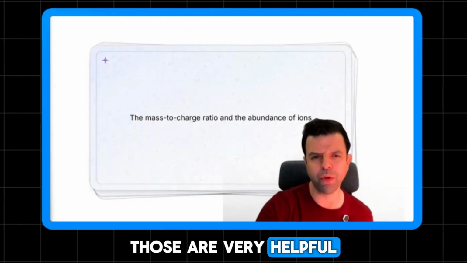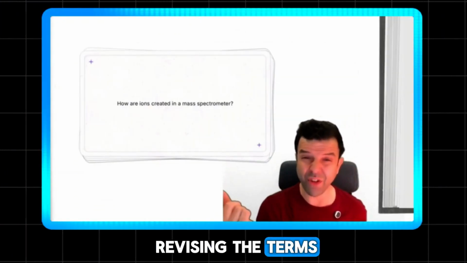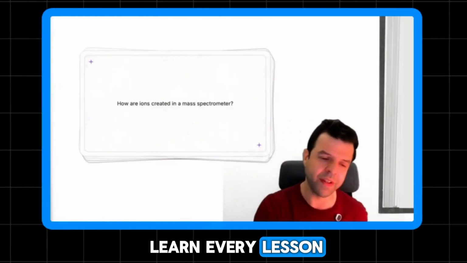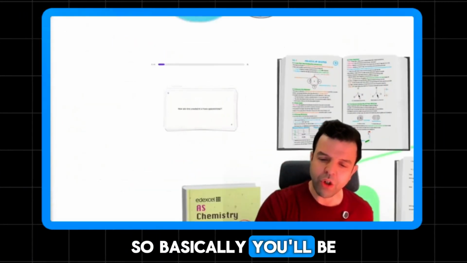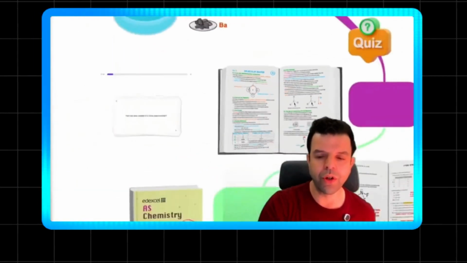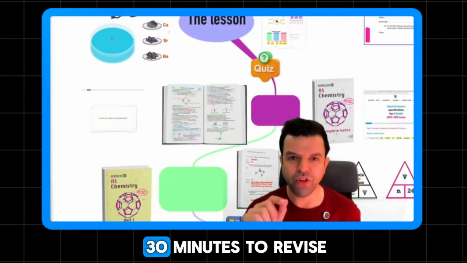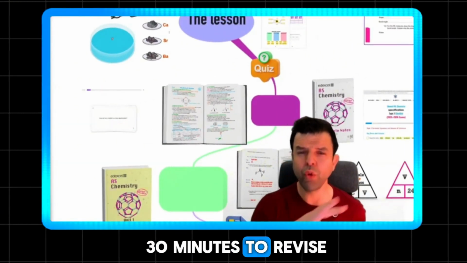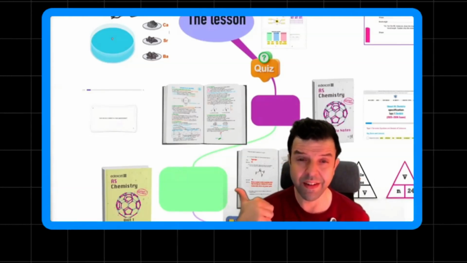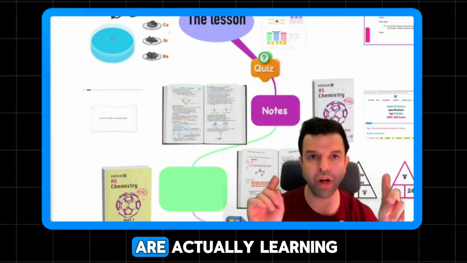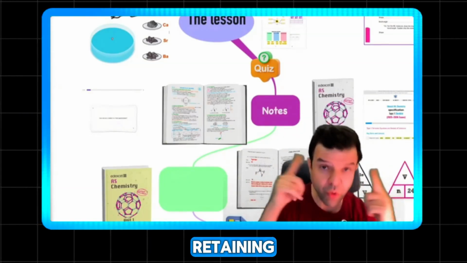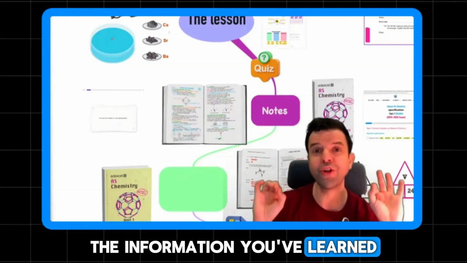Those are very helpful for revising the new terms we learn every lesson. So basically, you'll be reading the notes, going through the flashcards. It's going to take you 30 minutes to revise the lesson. This makes sure you are actually learning, retaining the information you've learned during the class.